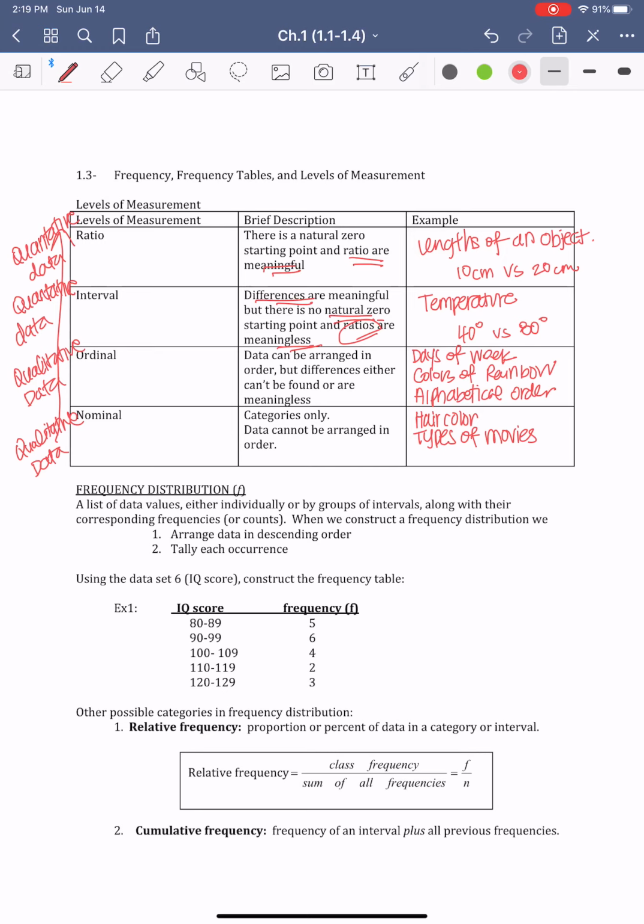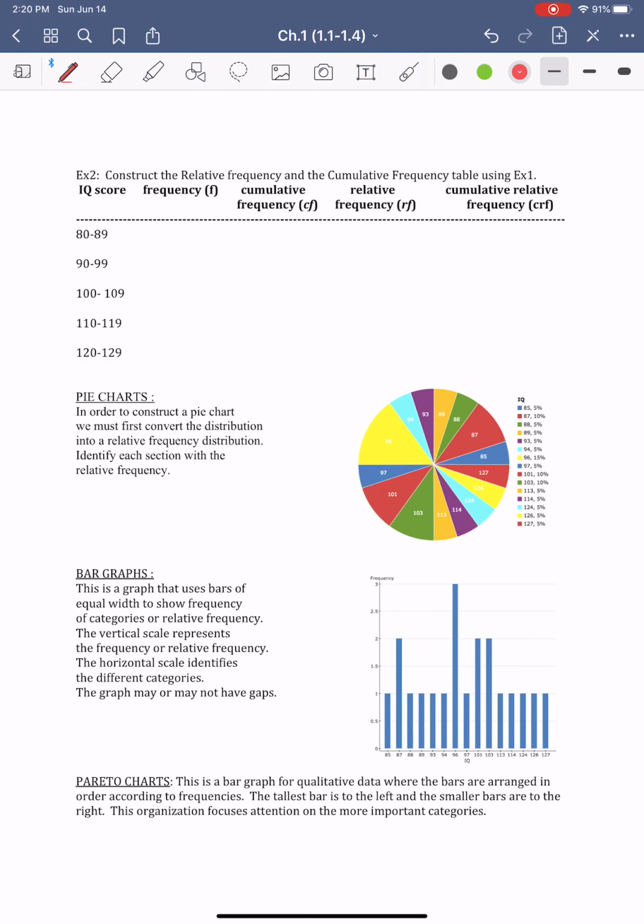Now let's talk about frequency distribution for the next part. The rest of them tell you a little bit about how to organize the data. In chapter 2, we are going to talk about a couple more ways to organize the data, but let's go through frequency distribution, pie chart, bar graph, and Pareto chart.